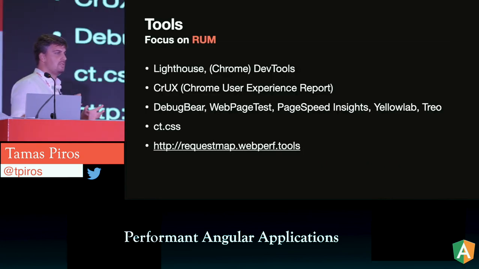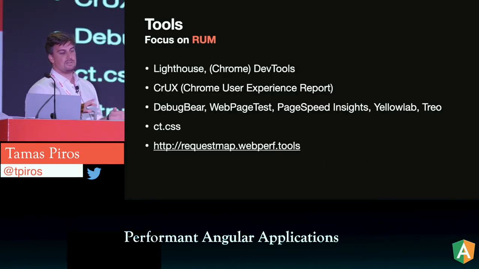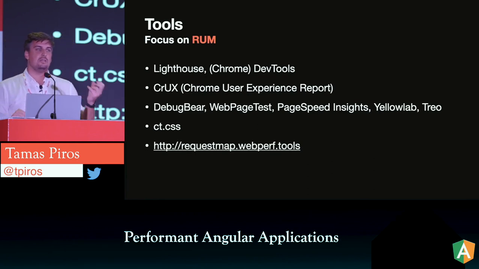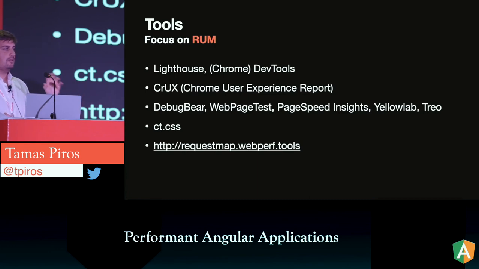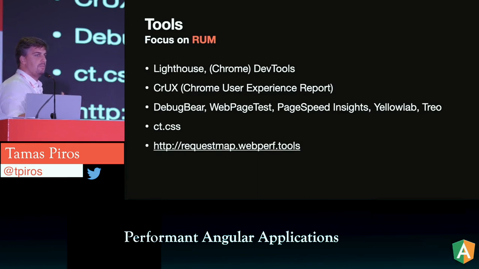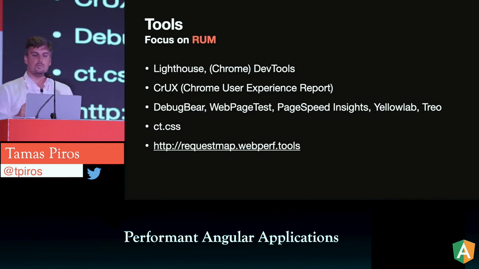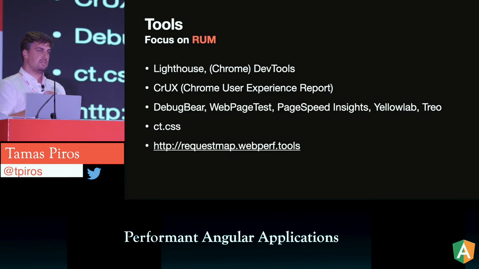Now, before I get to the specifics of the Angular side of things, I also want to mention the tools that you can use to measure web performance. Often when I do these workshops or talks on web performance, I always point out that what you need to measure is the so-called RUM data, which is real user metric data.